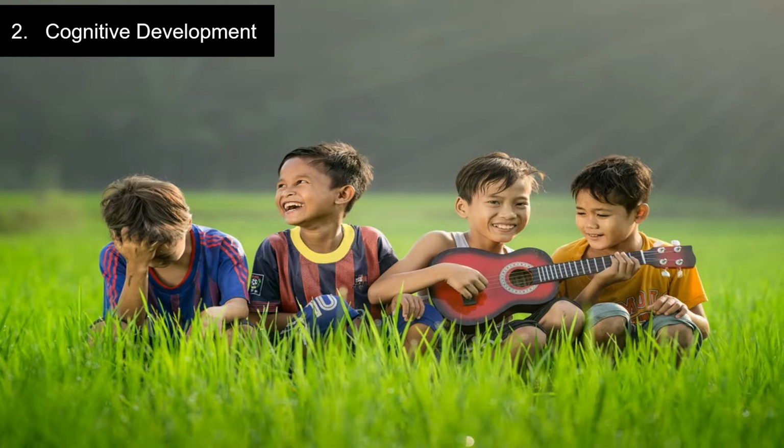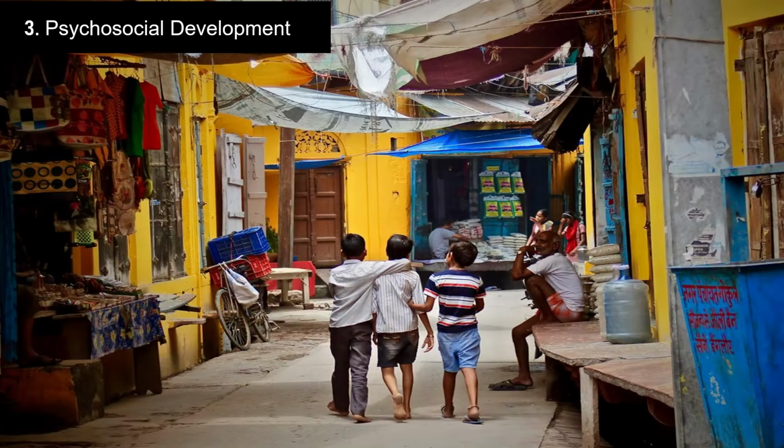Cognitive development means how the child thinks, explores and figures out various things. Even brain development is included in cognitive development. Then there is psychosocial development, which refers to the various attitudes and skills which play an important role in the development of the personality of the child.